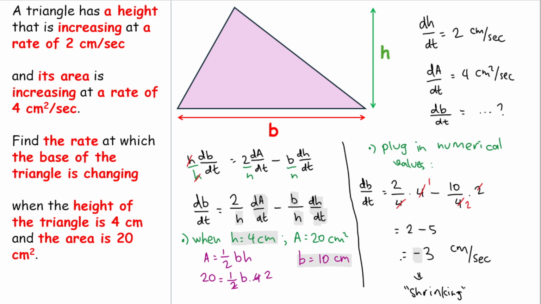So it is shrinking at the rate of 3 centimeter per second. So that is the answer, shrinking at the rate of 3 centimeter per second. And that is the final answer for this problem.